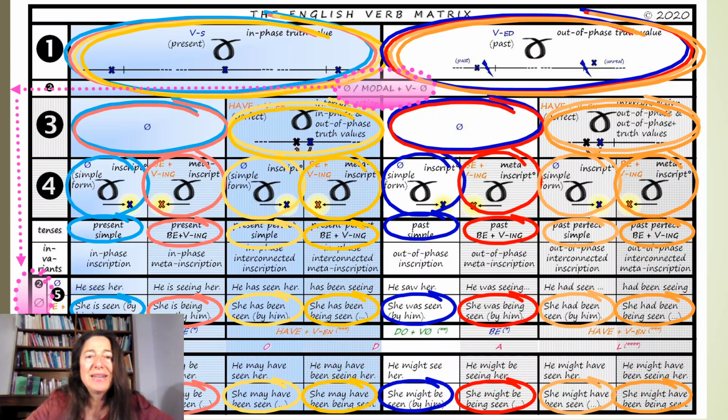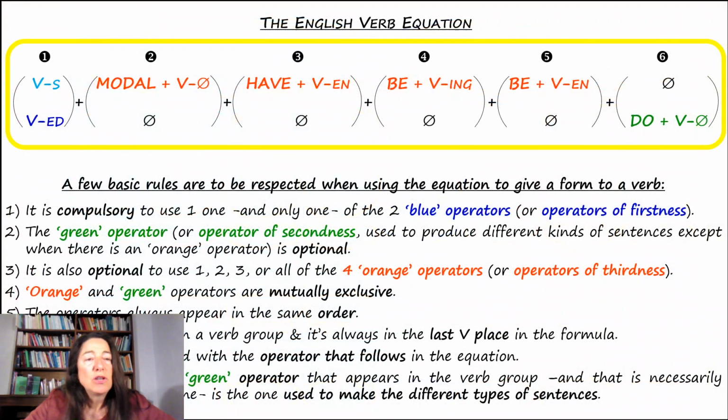Obviously, it is less complex, let's say, if we just look at the verb equation, which also has all the elements in it because we find all the operators that appear in the verb matrix, except here the combinations need to be imagined.